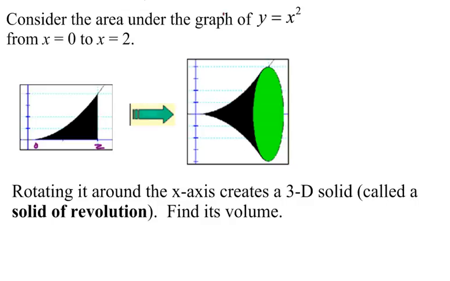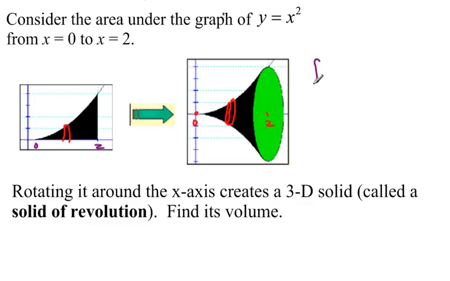So I want to point out that a sample rectangle right here, when we revolve it, becomes one of our cylinders right here. And so when we revolve it around the x-axis, we have a whole bunch of cylinders starting from here at 0 all the way to here at 2. And so let's set up this integral here.